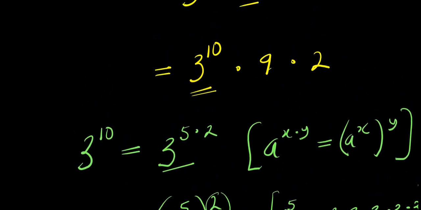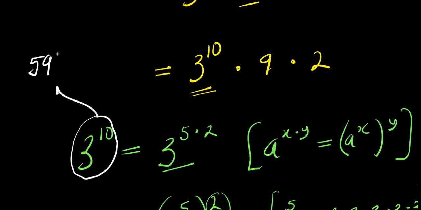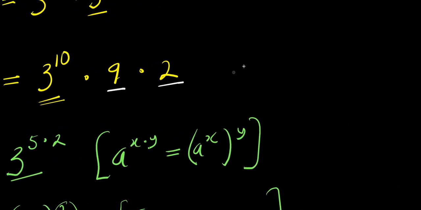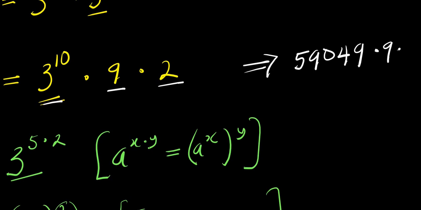That means this 3 power 10 is what? 59049. So we need to multiply that by 9 and by 2. So that means this implies we have 59049. That is 3 power 10 times 9 times 2.